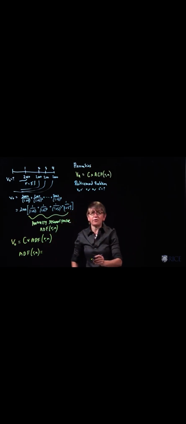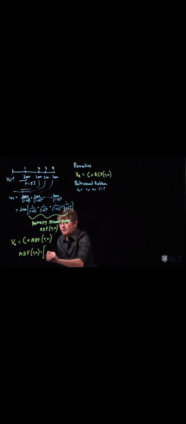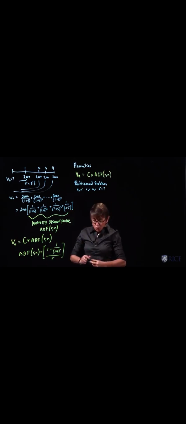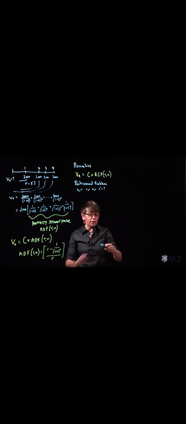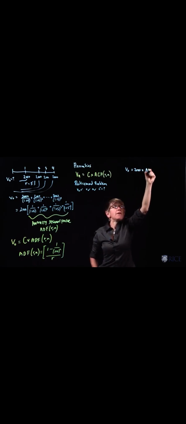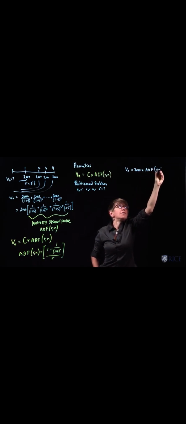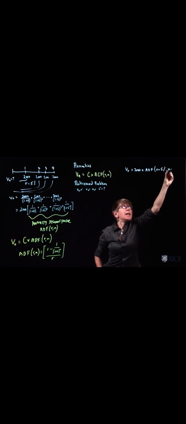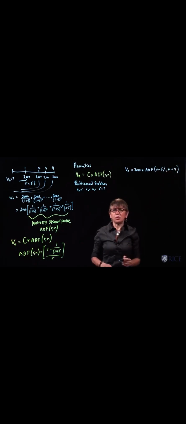It turns out to be 1 minus 1 over (1 plus R) to the N, all divided by R. So in our example, it's going to be 2,000 times the annuity discount factor, where R is 5% and N is equal to 4.